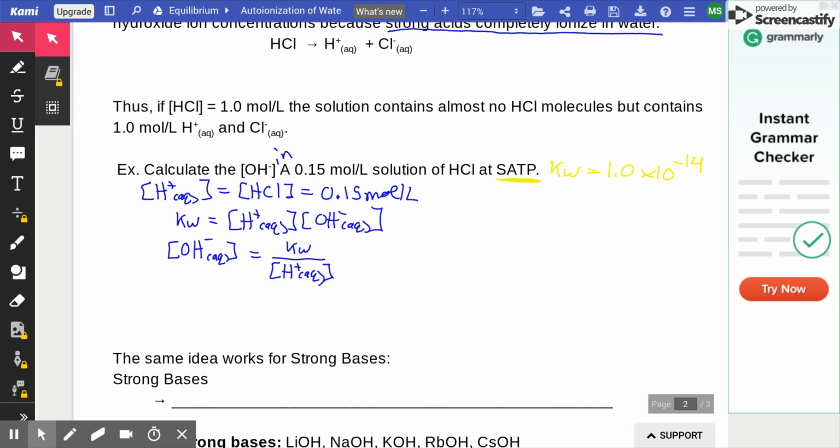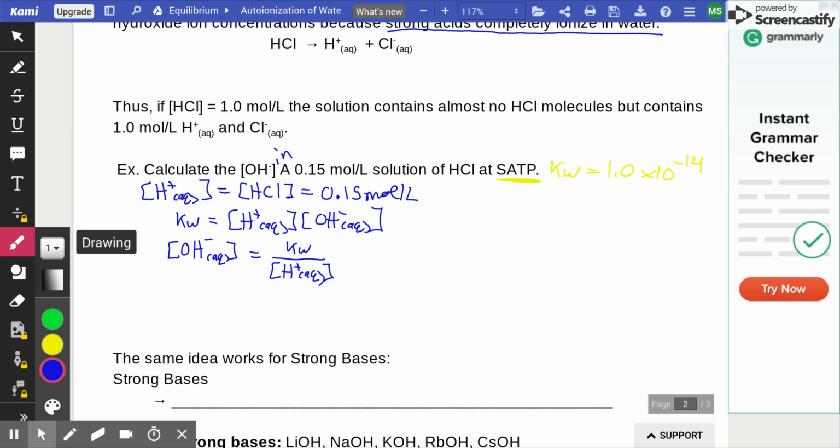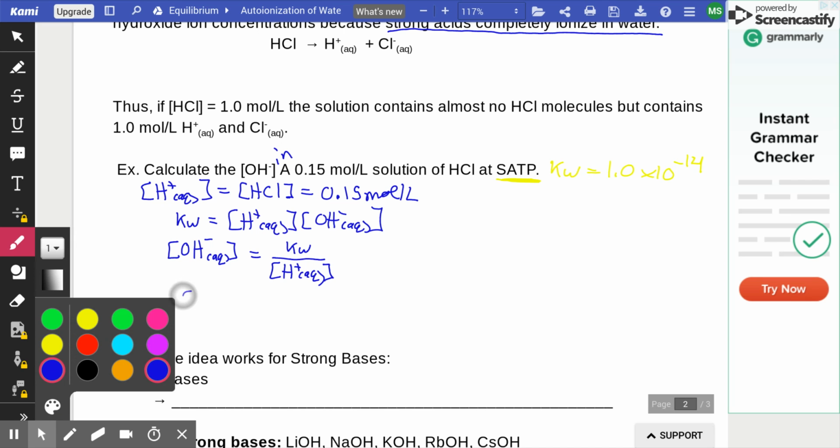So we just rearrange and get the hydroxide ion concentration equals Kw divided by the hydrogen ion concentration. Then we can just input our values: the hydroxide ion concentration equals 1.0 times 10 to the negative 14 divided by 0.15 mole per liter.